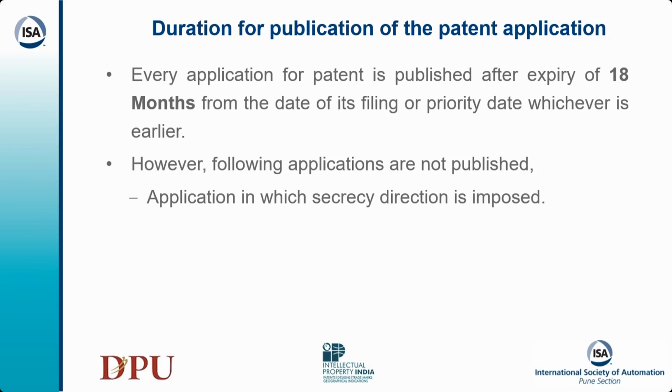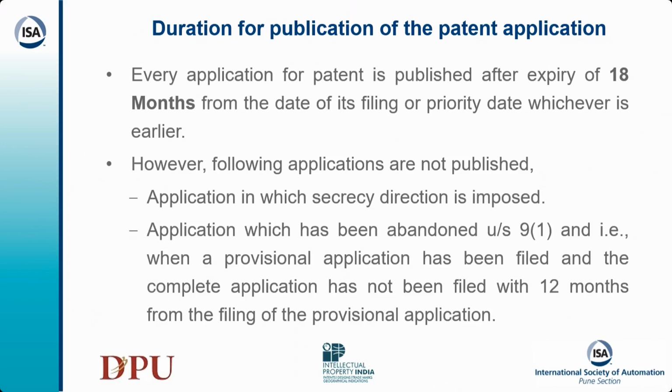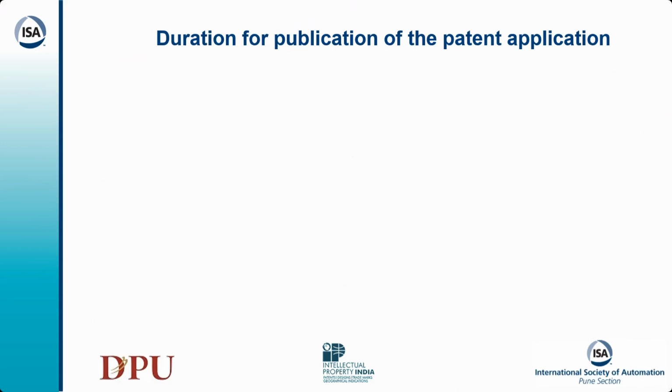Application in which secrecy direction is imposed. In such cases, we can file the additional form, and that will be early publication. So this is again important for us. If you know that your patent is important, then you can file the early publication for the patent, and a separate fee will be charged by the patent office for that.